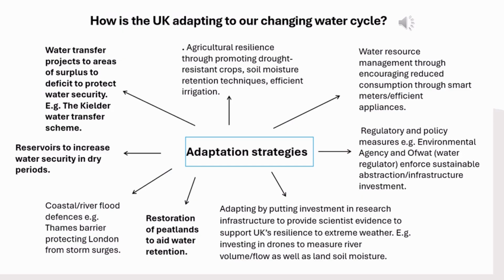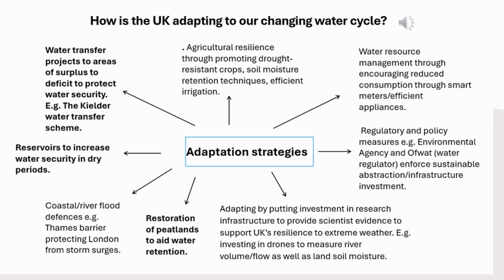These are some of the ways that the UK are adapting to our changing water cycle. There's water transfer projects, transferring water from areas of surplus to deficit. There's also agricultural resilience, which allows farming to be more sustainable and work alongside the water cycle with efficient irrigation, like drip irrigation, minimising the loss by evaporation.